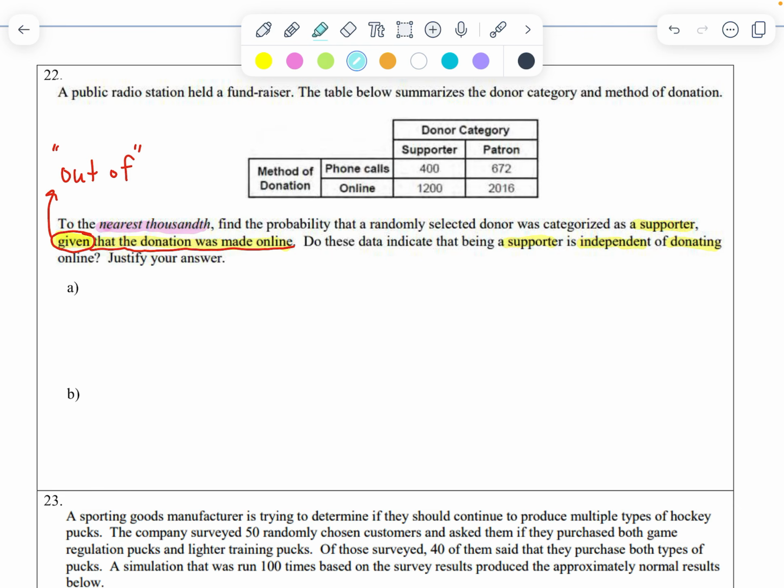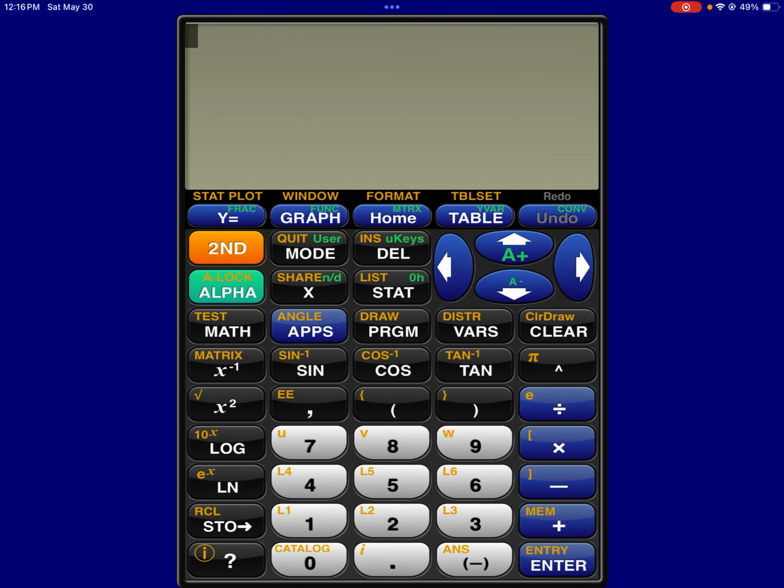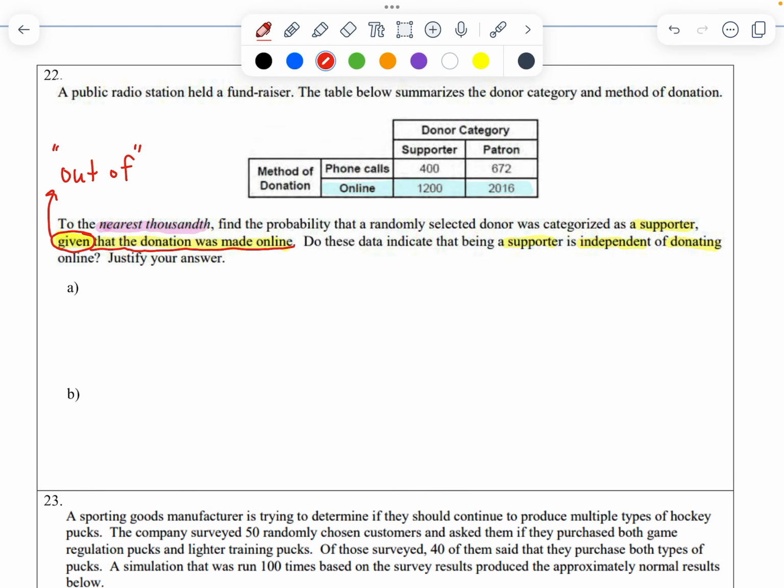So I'm going to highlight the donation that was made online. That's the group that's going to go on the bottom. So I need to find the total of that group. Let's add those numbers together. 1,200 plus 2016 is 3216.